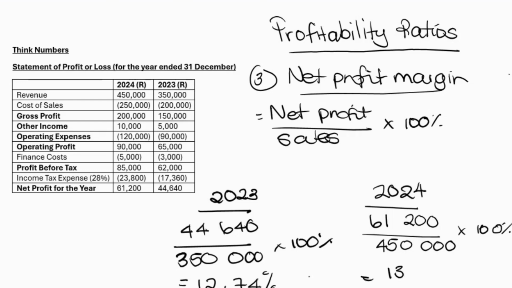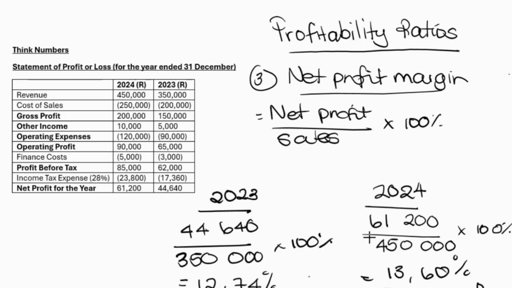We'll see that once again, net profit margin also increased, to 13.60%. And we can definitely see that this is a healthy net profit margin, because what you ideally want for this one is between 10 to 20%, because it shows that overall our company is quite profitable.